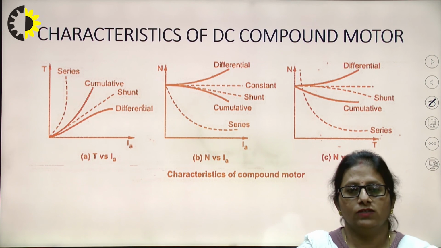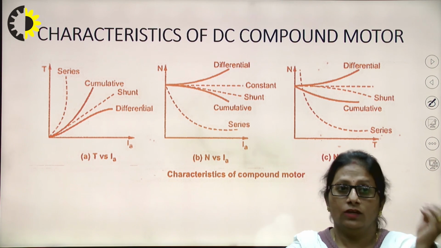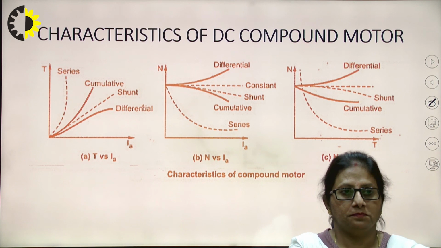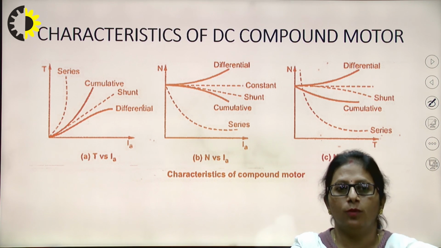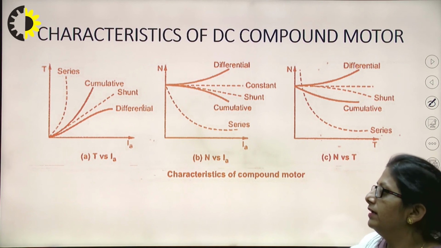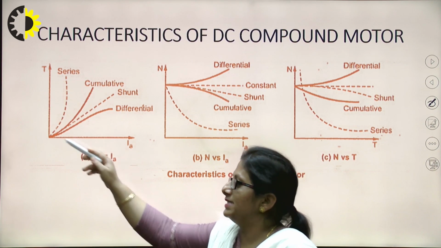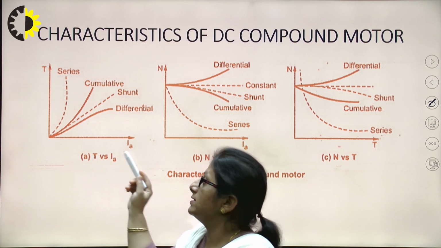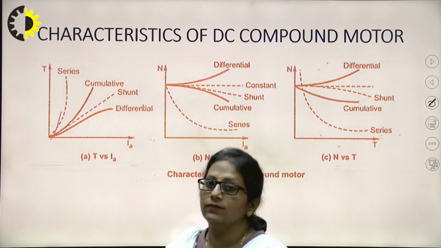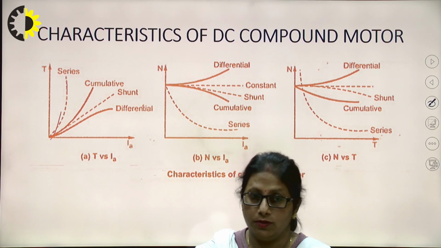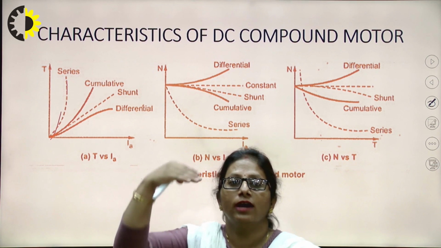Now, the characteristics of DC compound motor, cumulative and differential. For that, we require all four on the same plot, just to understand this. This is torque versus armature current. The first one is the graph for the series. It gives us the highest starting torque because the torque is proportional to the armature current squared.